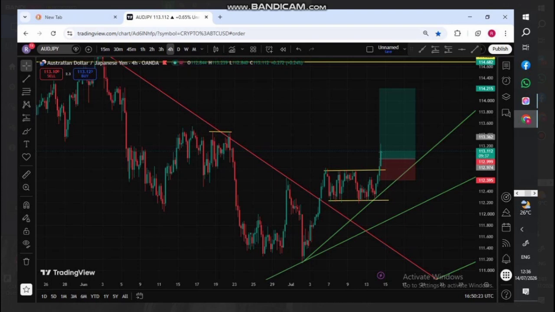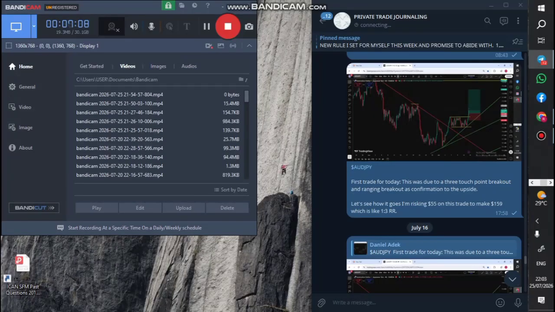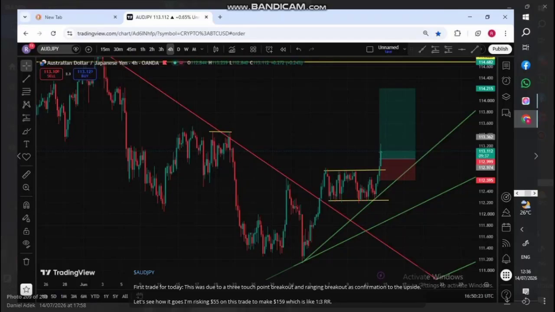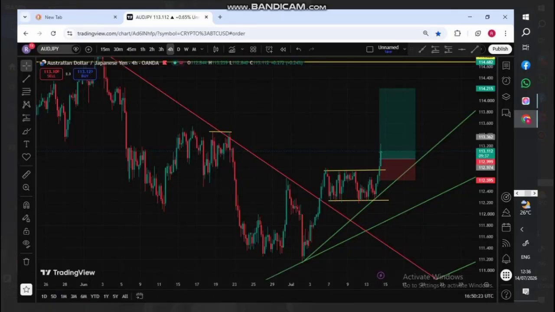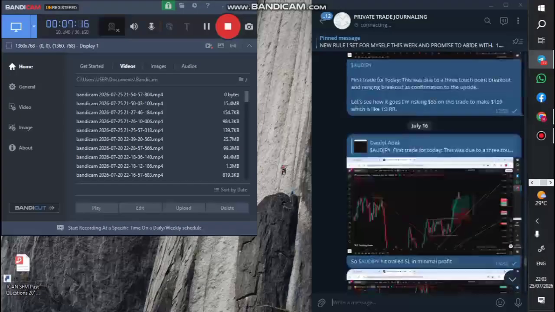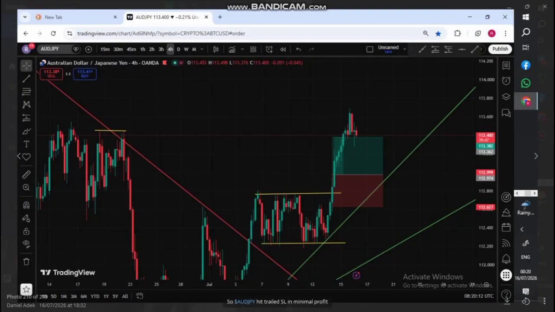But it didn't break this second trend line here. So that made me feel like this is actually going to go to the upside. So I took it, and it was a good one, right? This was the 4 hours time frame mainly. I took it on the 4 hours time frame, so it was a good one.